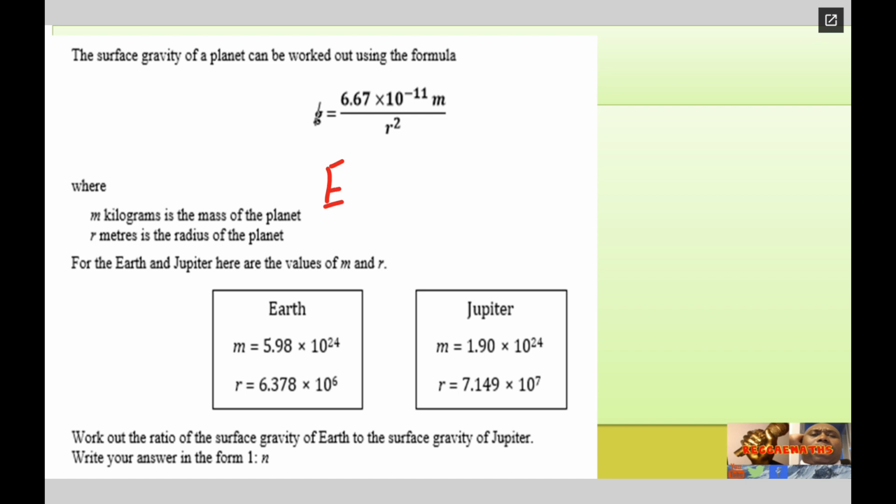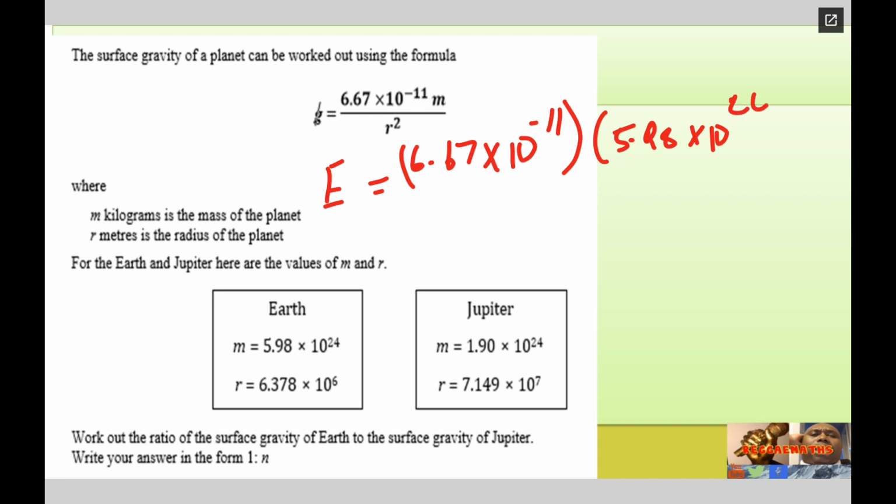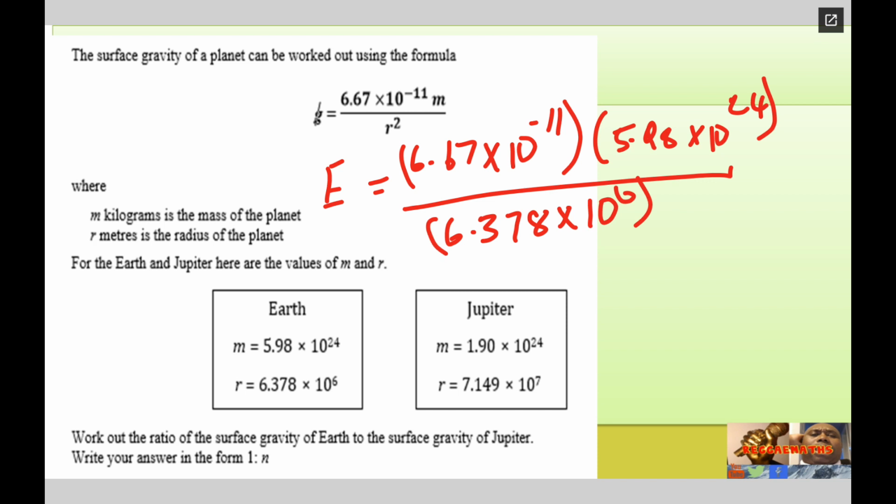So E, which is Earth, equals 6.67 times 10 to the minus 11 times m, and m is 5.98 times 10 to the 24, all over 6.378 times 10 to the power 6, squared.